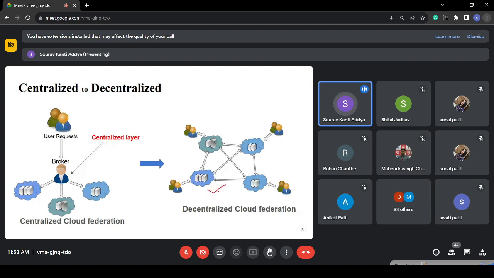If we remove this person and build this kind of architecture, you can now map what we discussed about blockchain. Here in cloud architecture, similar kinds of issues arise.